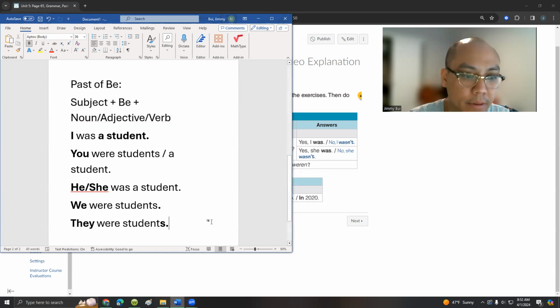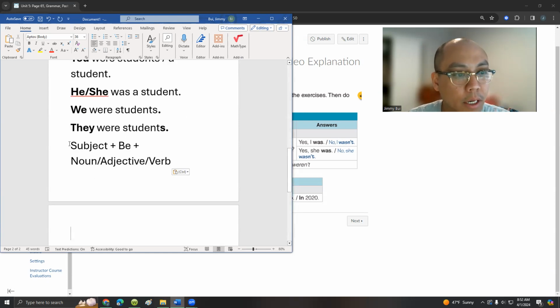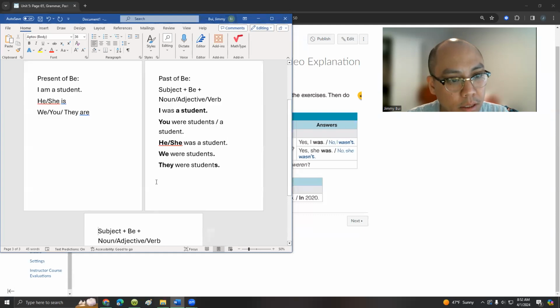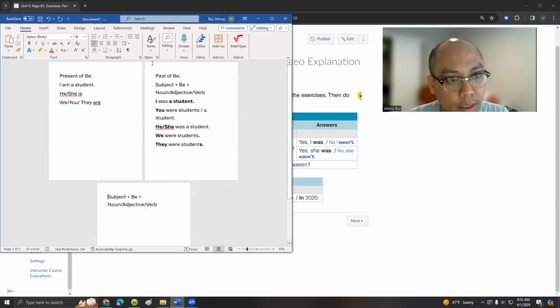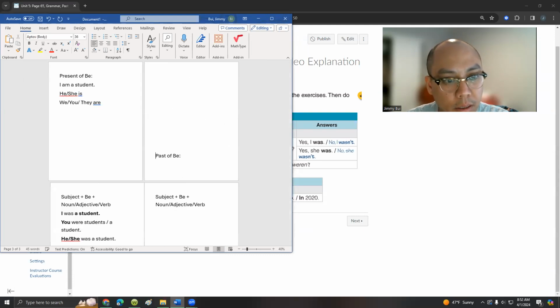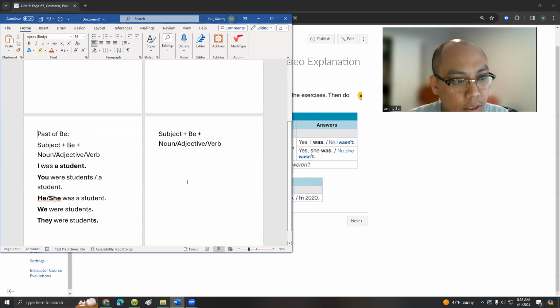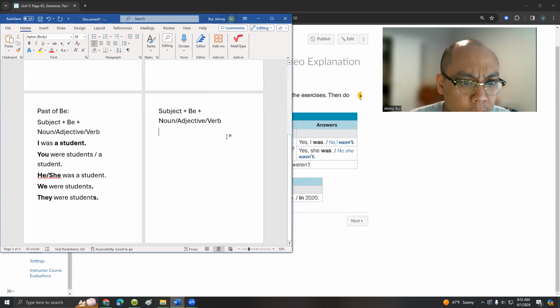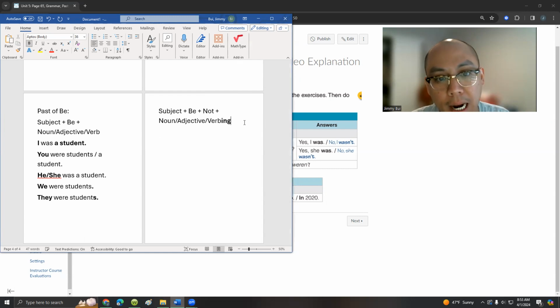For negative, we're going to add not. Here we go. So subject plus be plus not plus noun, adjective, verb. Now, when we use be with a verb, we need to use ing.